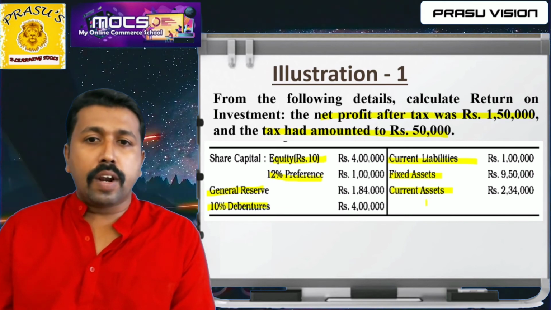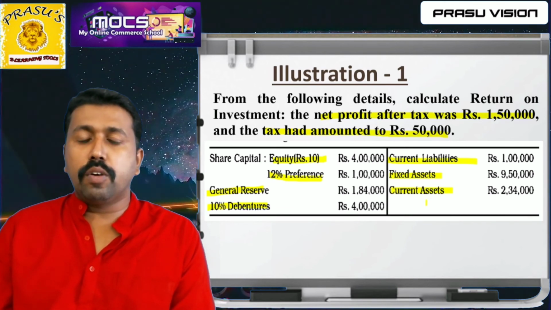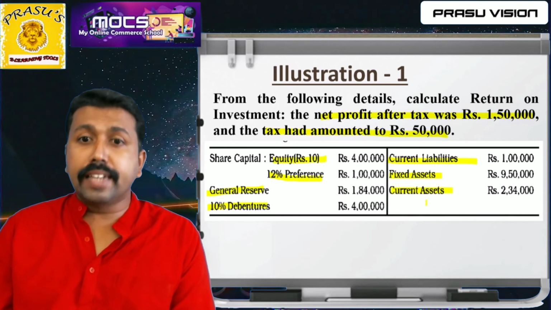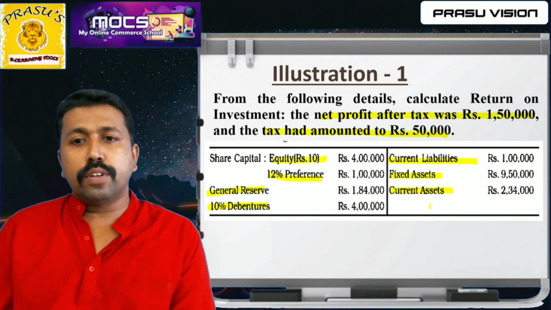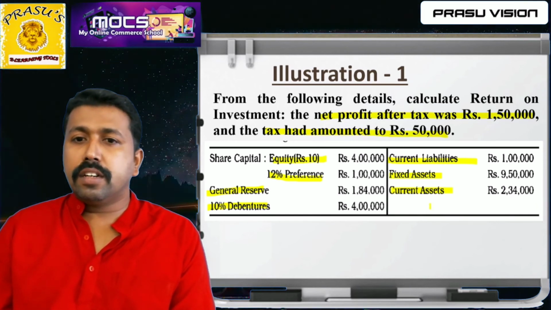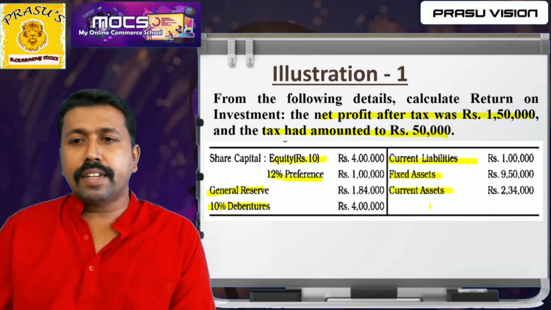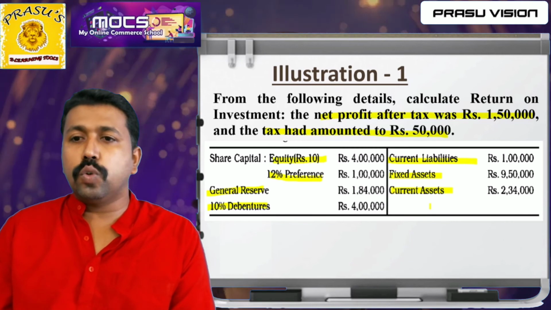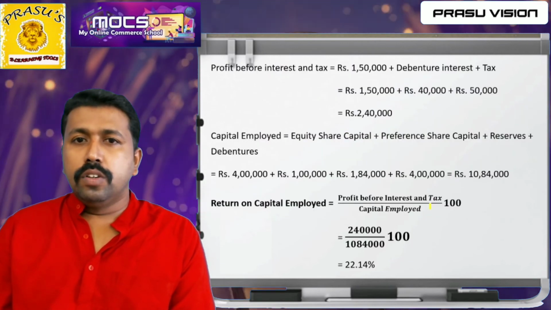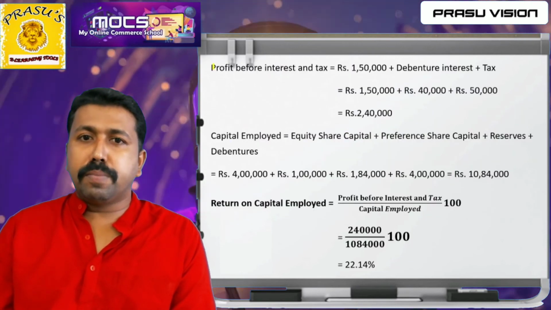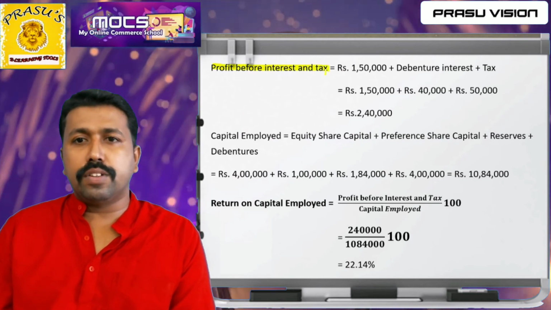Share capital 4 lakh. Preference share capital 1 lakh. Equity share capital 4 lakh. General reserve 1,84,000 and debenture 4 lakh. Current liability 1 lakh. Fixed asset 9,50,000. Current asset 2,34,000. So we have to find out the amount of profit before interest and tax first.